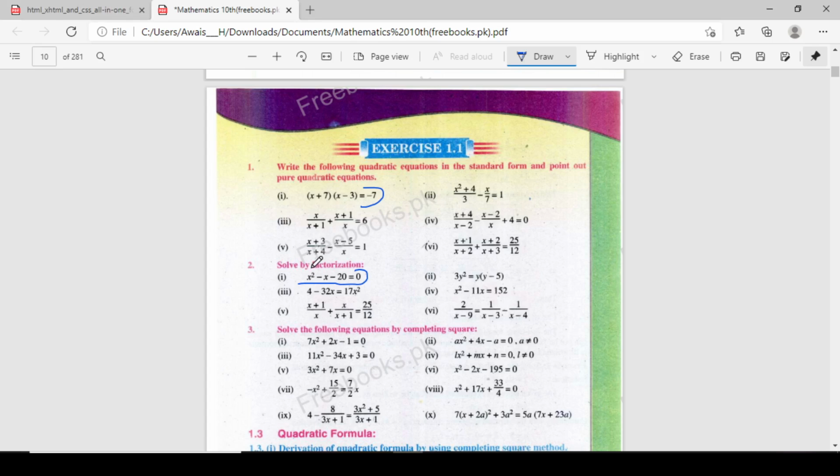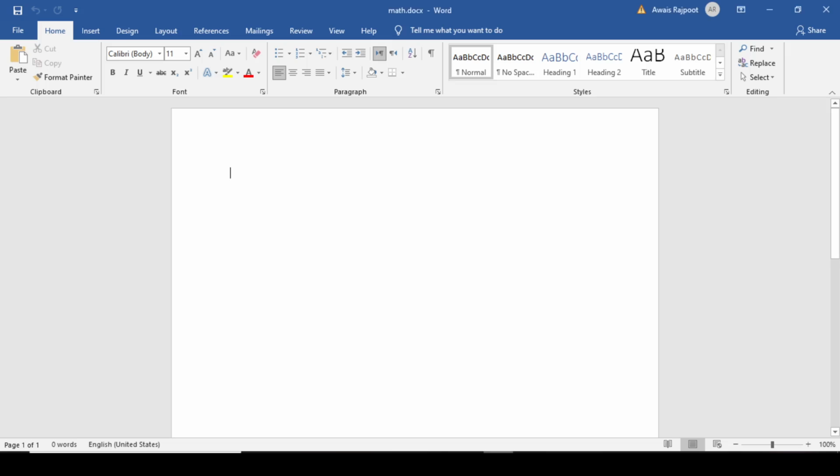Let me type x square minus x. My font is too small, not readable, so I will make it bigger. This is better. Okay, x square, I will convert it into a power.